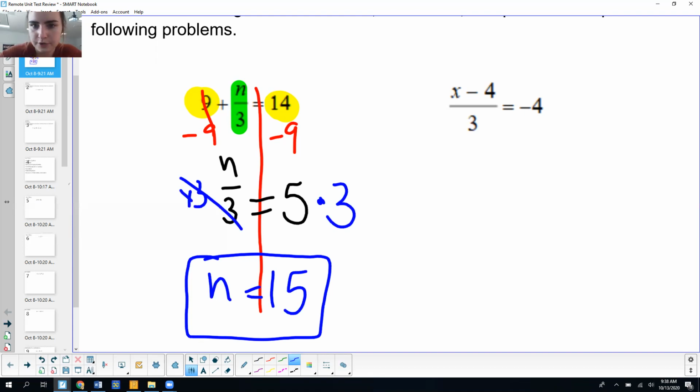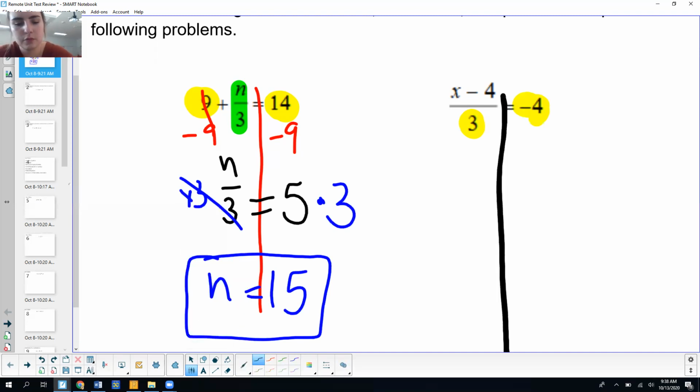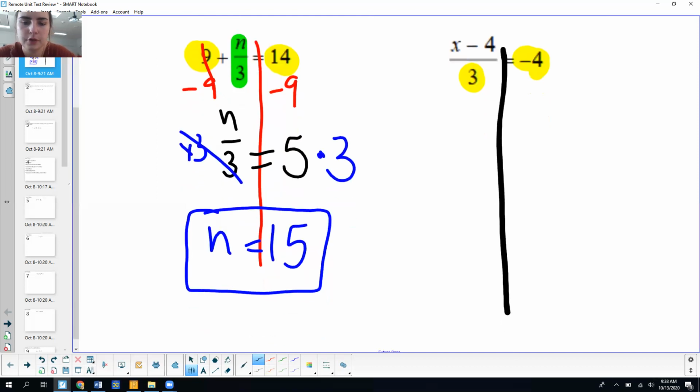The second one, we've got x minus 4 divided by 3 equals negative 4. This one's kind of tricky, but I'll show you guys what to do in just a second. Let me grab my highlighter. So let's scroll down just a little bit.